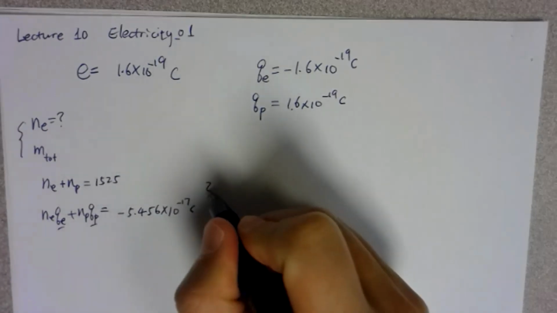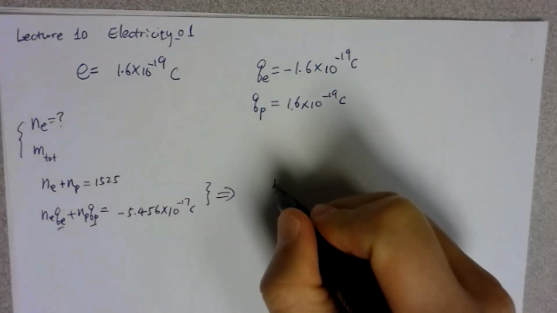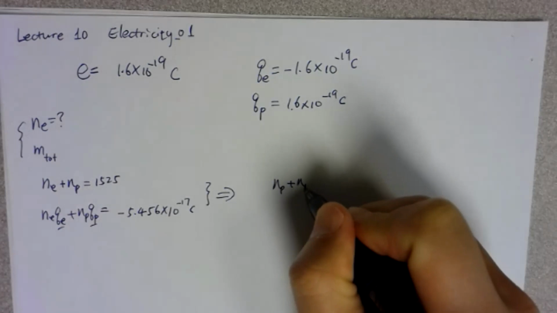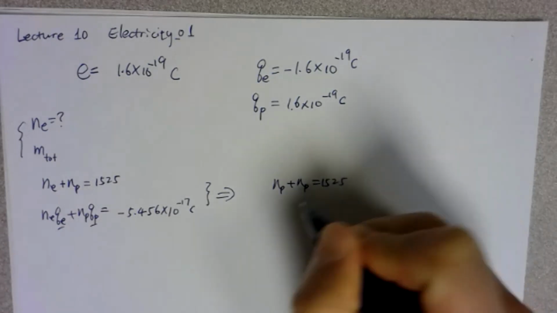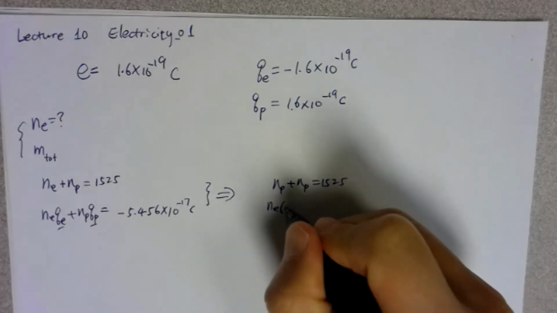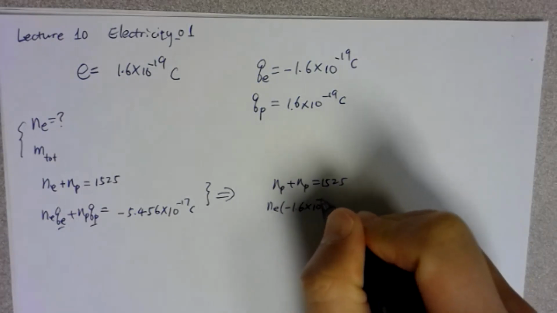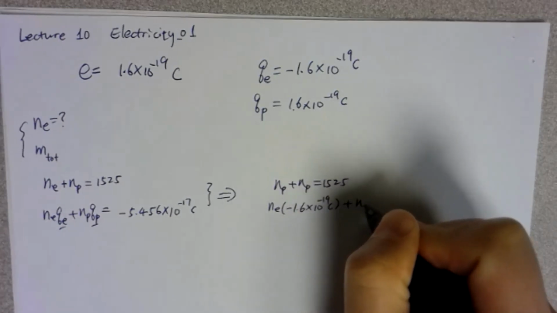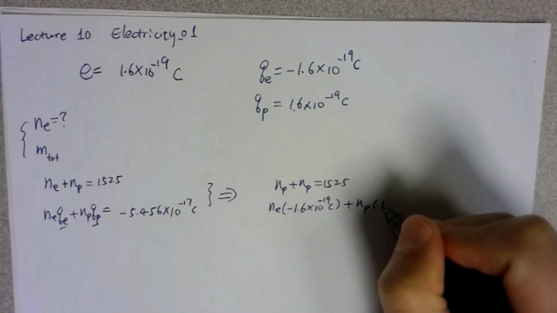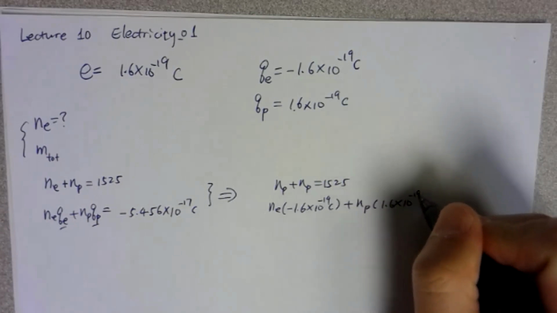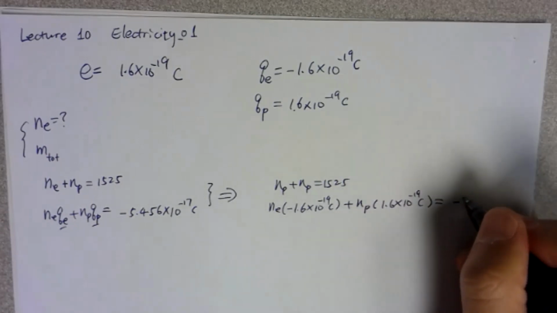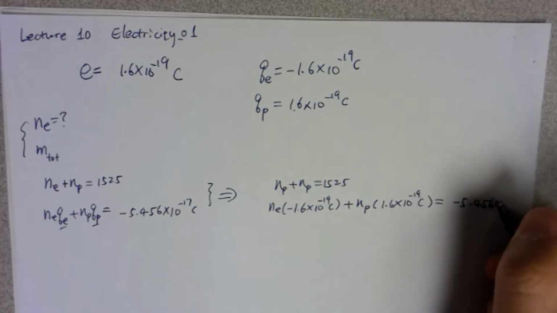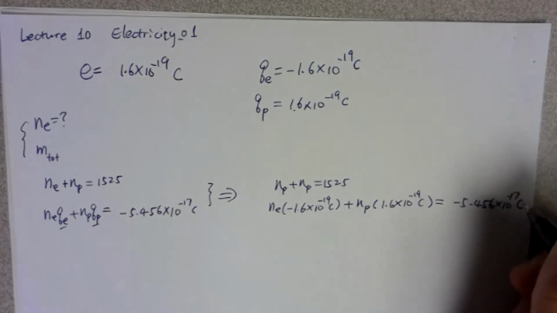So these two equations become N_E plus N_P equals 1525, and N_E times minus 1.6 times 10 to the minus 19 C plus N_P times 1.6 times 10 to the minus 19 C equals minus 5.456 times 10 to the minus 17 C.